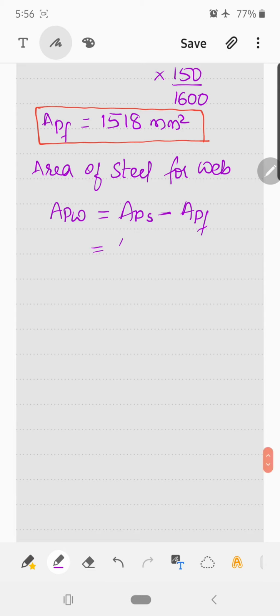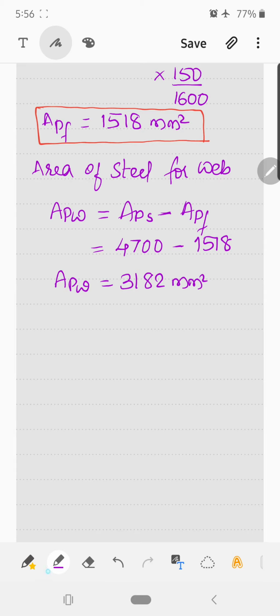The total area of steel is 4700 minus 1518, so APW is 3182 mm square. This is the area of steel for the web.